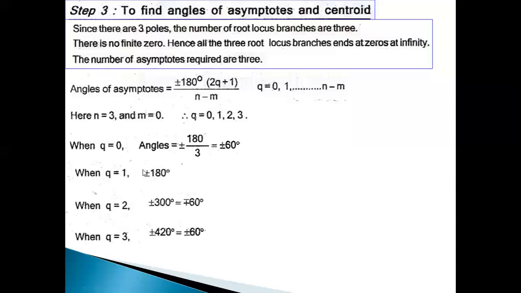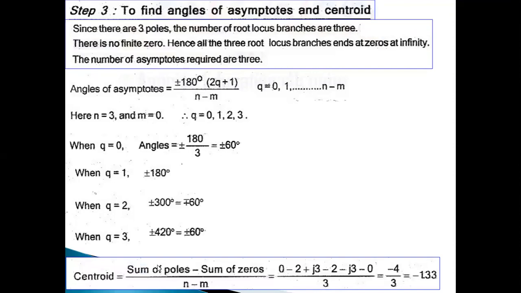When q is equal to 0, it is 60 degrees. When q is equal to 1, it is 180 degrees. When q is equal to 2, it is again 60 degrees, plus or minus 60 degrees. This is plus 60, here it is minus 60. Even if we calculate further, the same angles will repeat, so there is no need to calculate beyond n minus m.